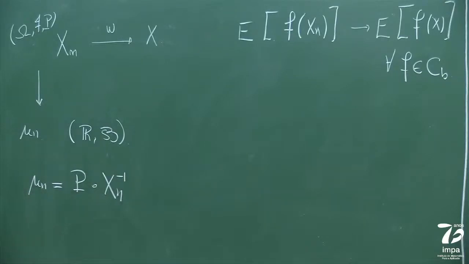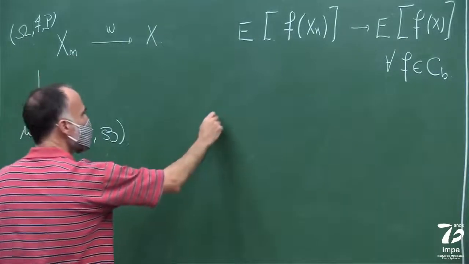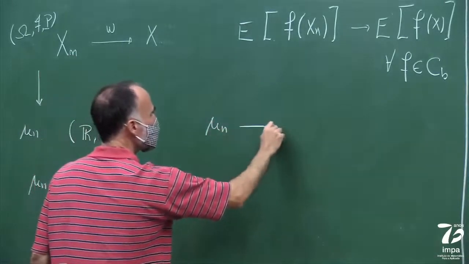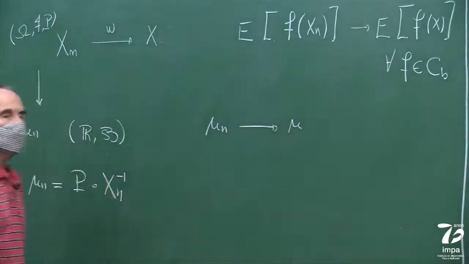And you reduce the study of this weak convergence to the study of the weak convergence of mu n to mu.